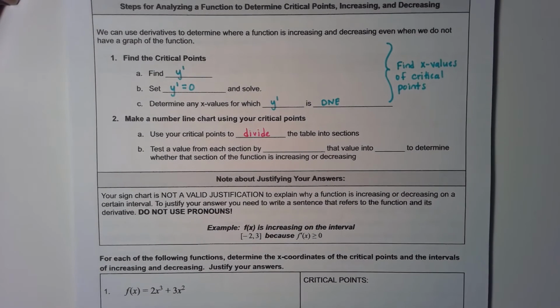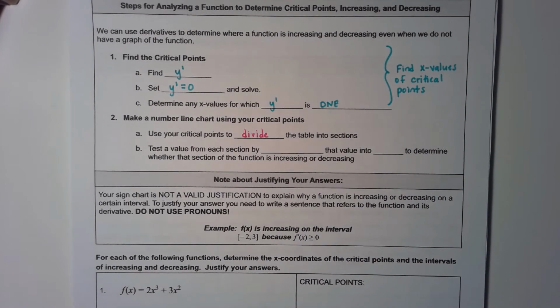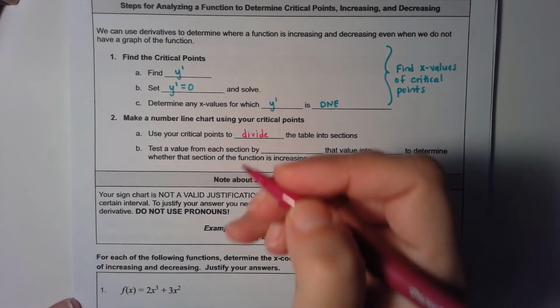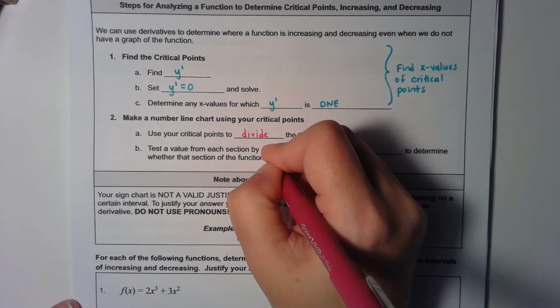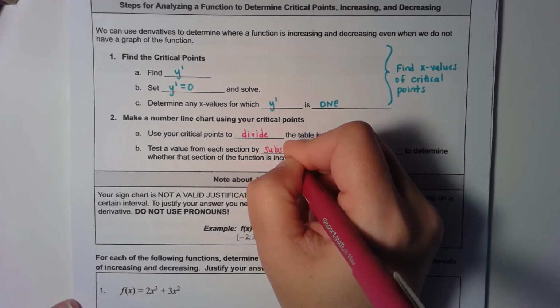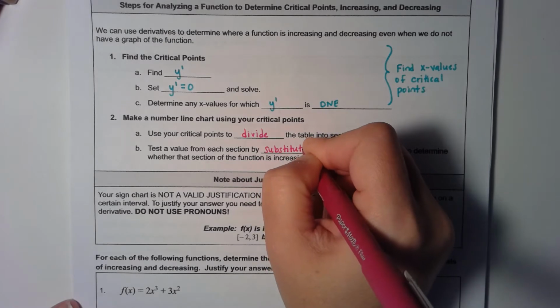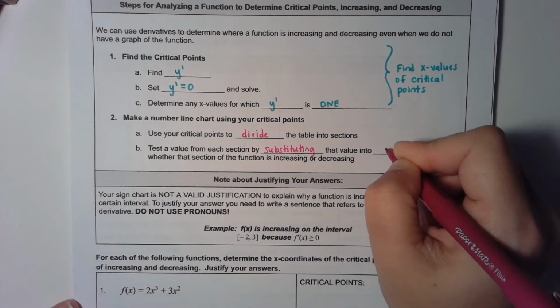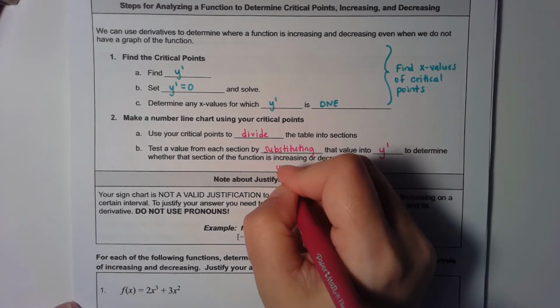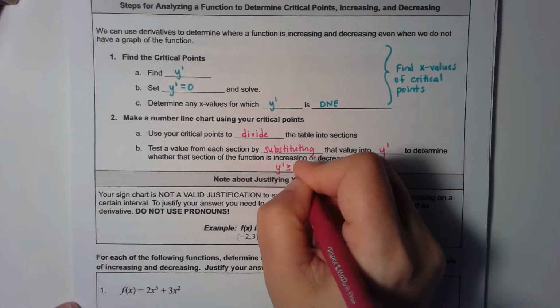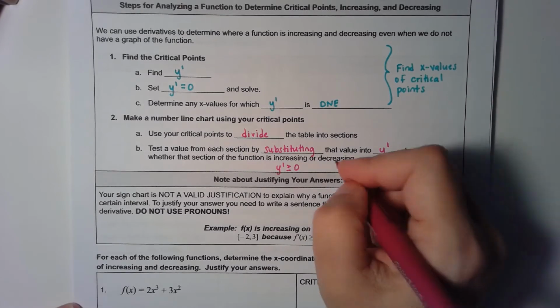And then to determine whether the graph is increasing or decreasing on each section, we're going to test a value from each section by substituting that value into the first derivative. If the first derivative is greater than or equal to 0, we say that the function is increasing.